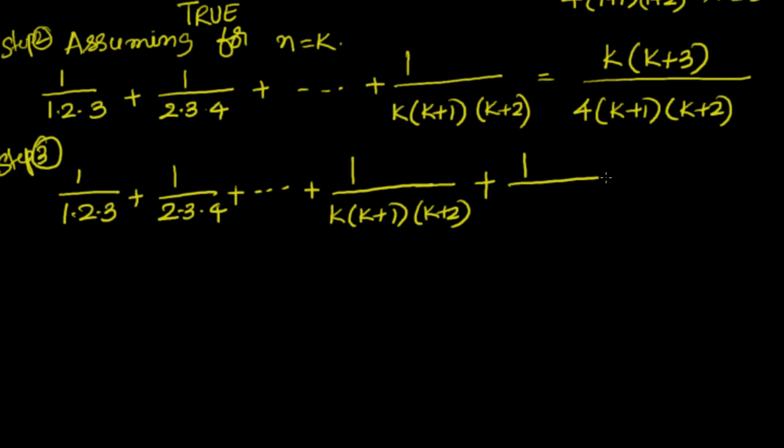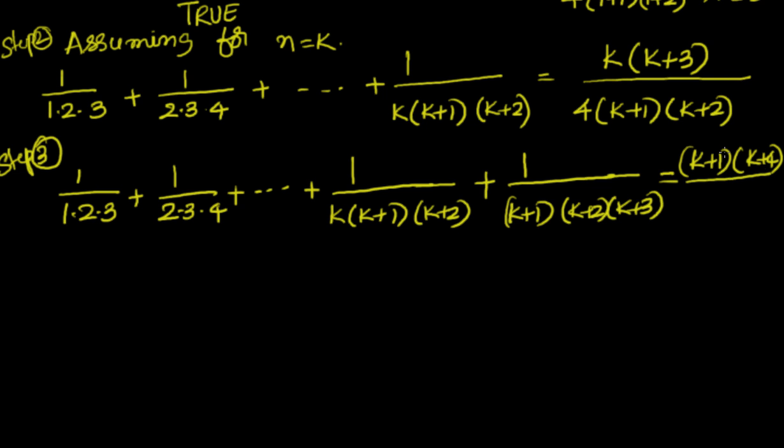Then I'll have the k plus 1th term, that's 1 by k plus 1 into k plus 2 into k plus 3. I have to prove that this is equal to k plus 1 into k plus 4 by 4 into k plus 2 into k plus 3, because I have to substitute n equal to k plus 1. So instead of k, I will be substituting k plus 1. This is what I have to prove.